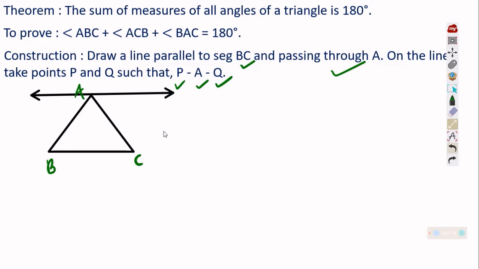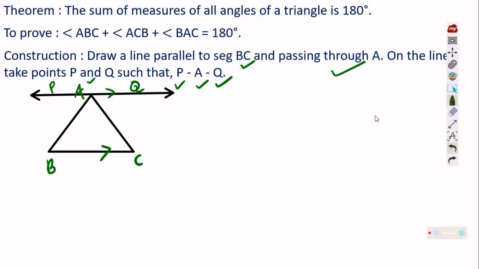A line is drawn parallel to BC. Further it is saying take points P, A is already there, and Q, in such a way that this is parallel to the base BC, and PAQ is collinear. Correct? That much I could show you.